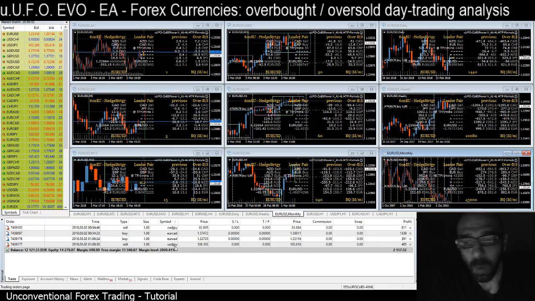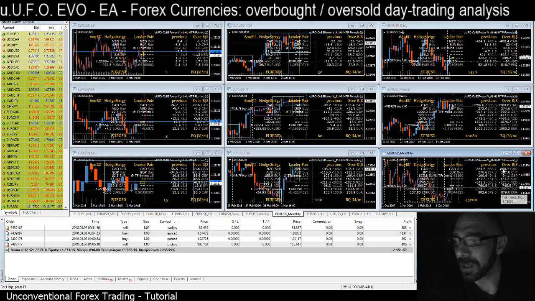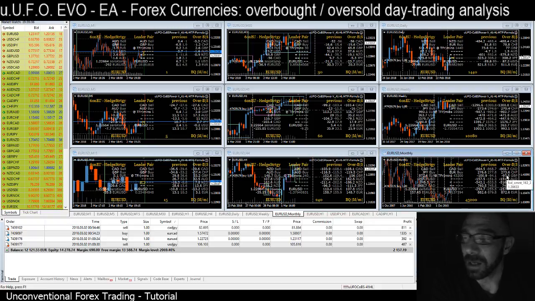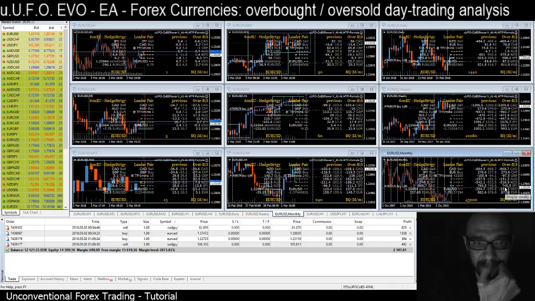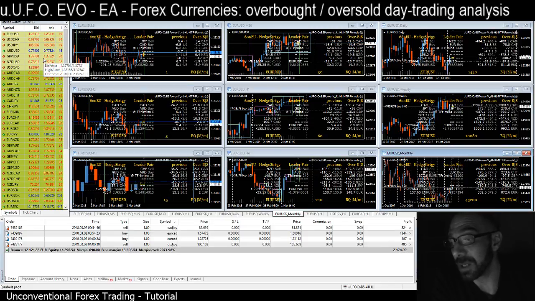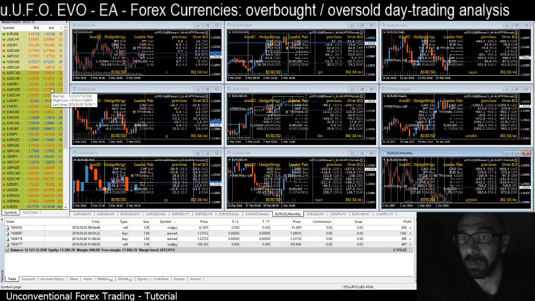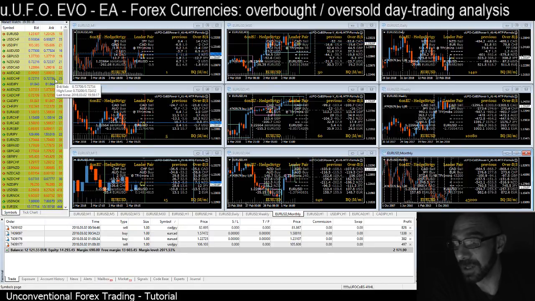So why did I choose these currency pairs? As usual, I analyze the market performance in terms of weeks, the weakness, strength, and overbought, oversold condition of the 8 major currencies that provide the 28 major currency pairs that almost every broker nowadays can provide to operators for Forex trading.